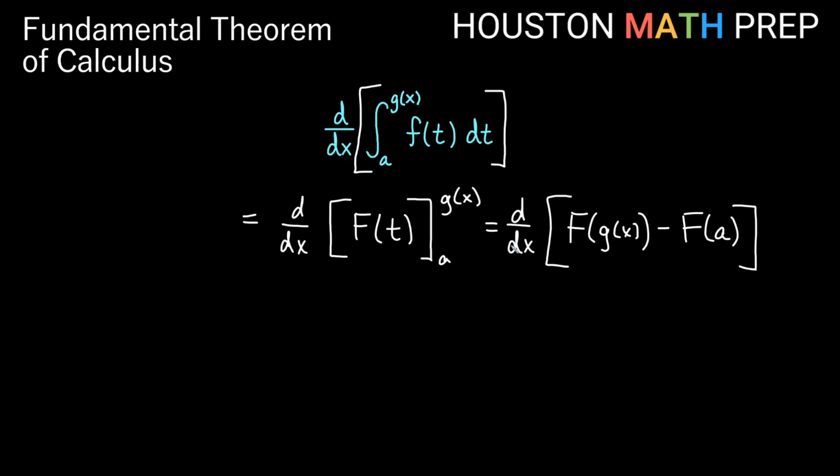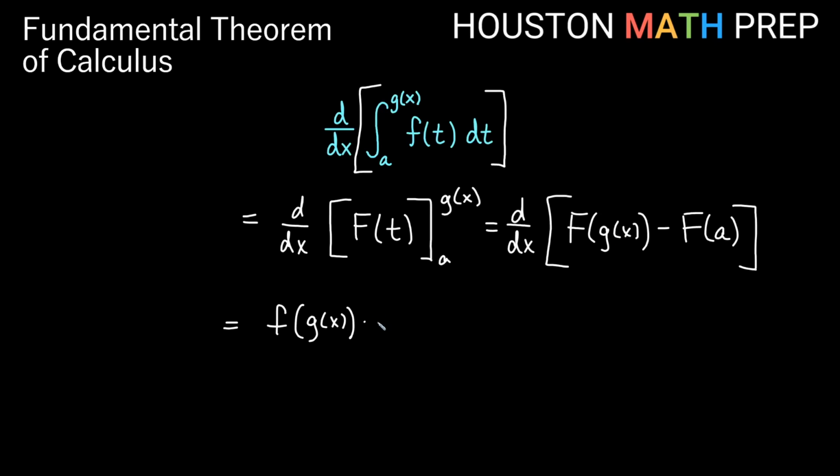So now let's take the derivative with respect to x for this expression here. So if I take the derivative with respect to x of capital F of something, that should just give me f of that thing, right? So not touching the inside, I would just get f of g of x, leaving the inside alone. Now the chain rule says we then multiply by the derivative of what's inside, right?